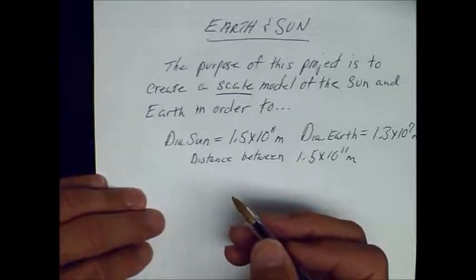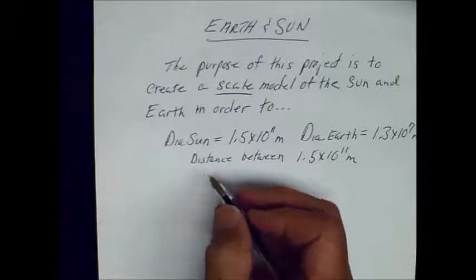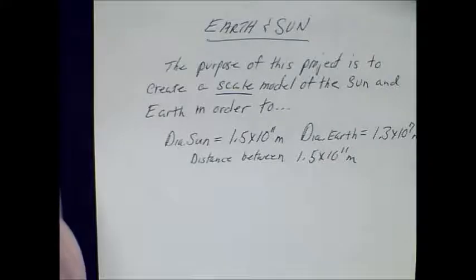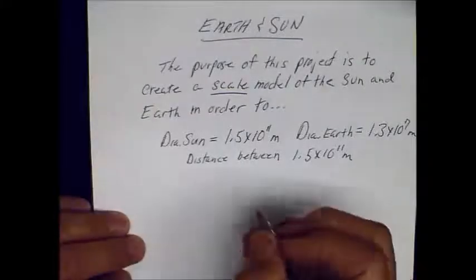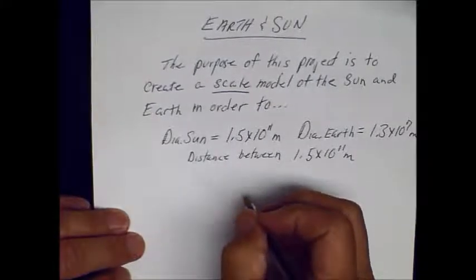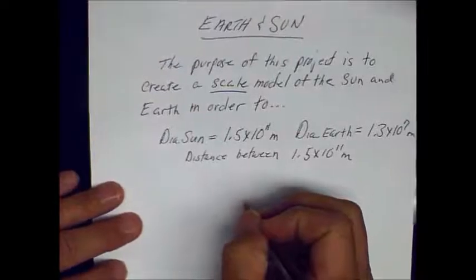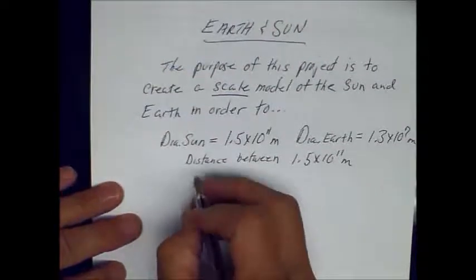Step 3 is I want you to state the size of one of the objects. One of the examples that we have been using in class is that the Sun is the size of a beach ball.